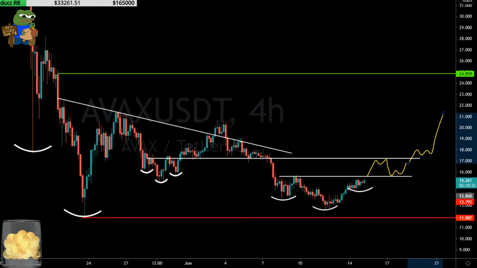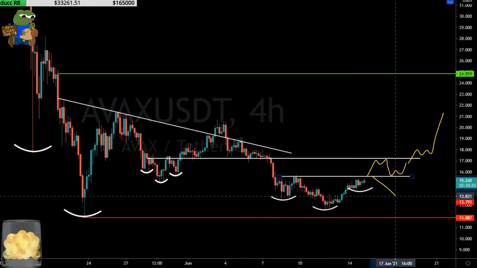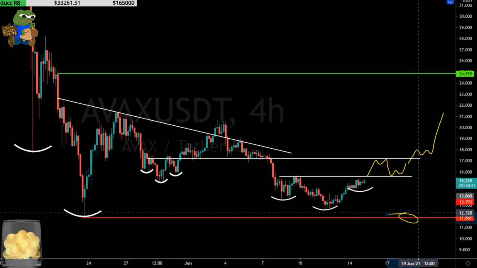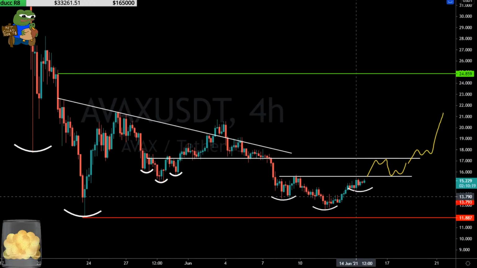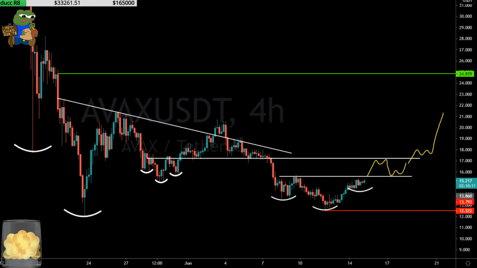So critical area here for AVAX, just like everything. If you fail here, you could find yourself jeopardizing even the lows. You can stop this out if you fail because you're so close. Again, you could probably just bring this up here and bail at 1250 even, because you don't really want to see price below that.